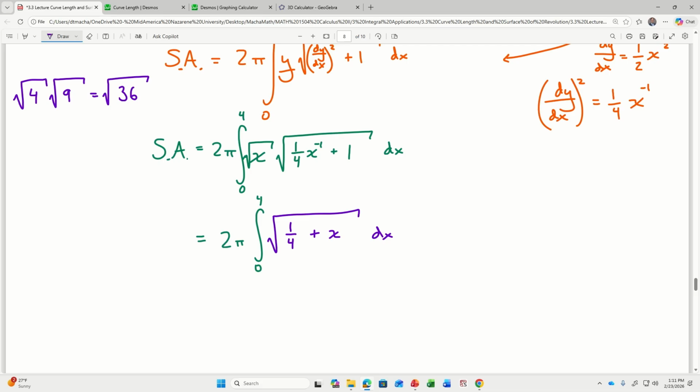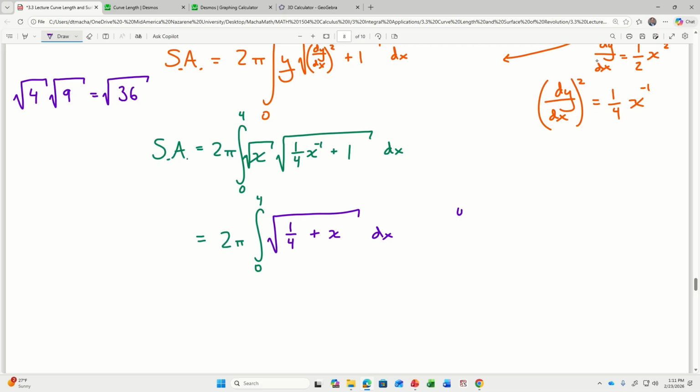Could you do the u squared? Wait, no, never mind. That's not right either. Would it just be a u substitution?